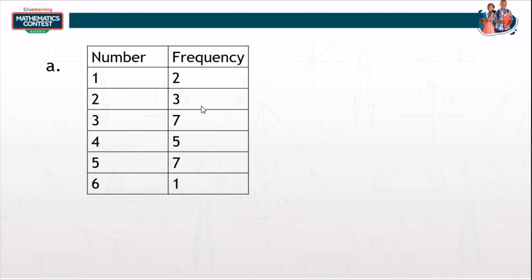And here is the frequency, telling me the number of times each number appeared. So for 1 I have 2, for 2 I have 3, for 3 I have 7, for 4 I have 5, for 5 I have 7, for 6 I have 1. So this is my own frequency table. Prepare your own and see. It should be the same anyway, except you include your tally.